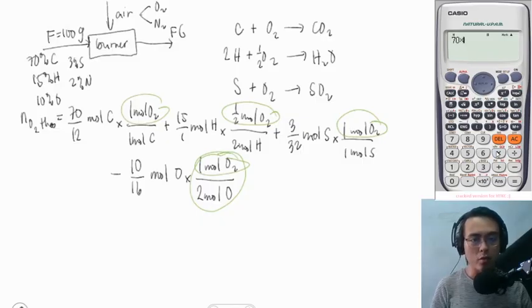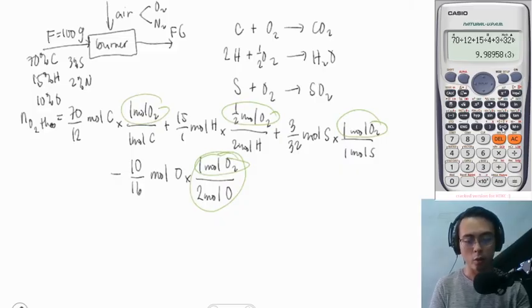This is 70 over 12 times 1 plus 15 over 4 plus 3 over 32 times 1, minus 10 divided by 16 divided by 2.